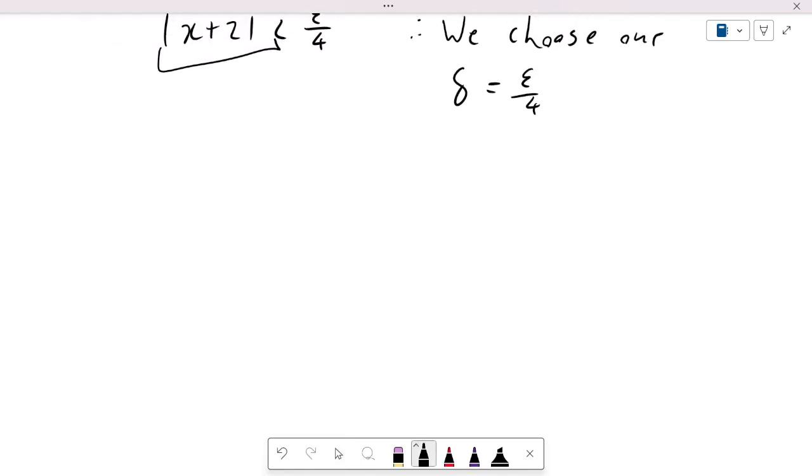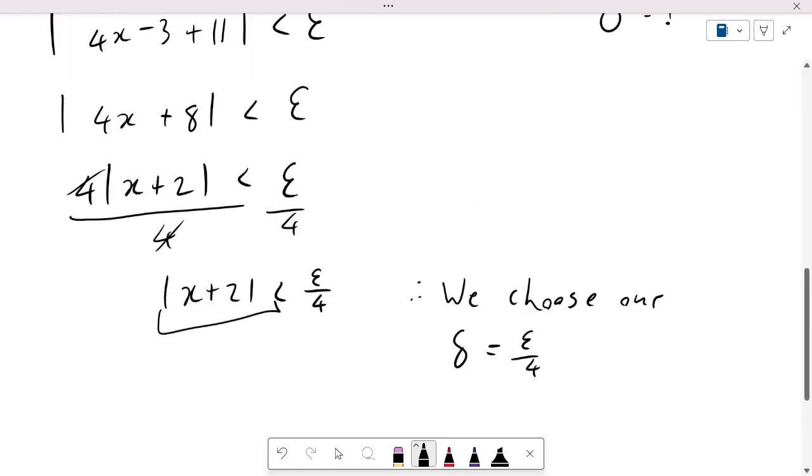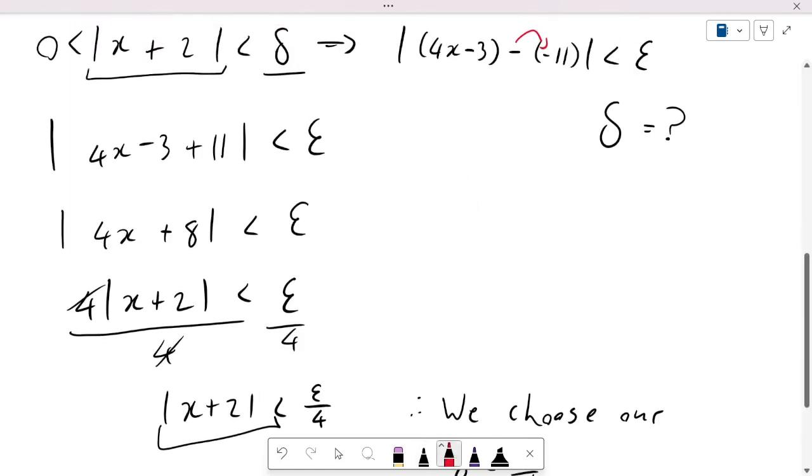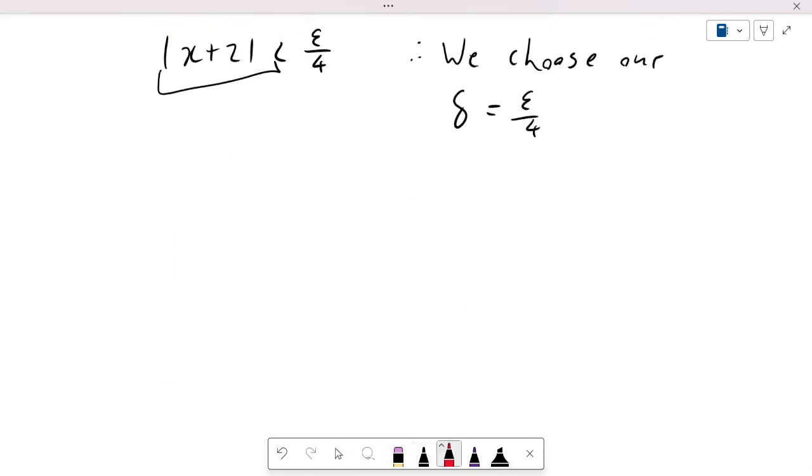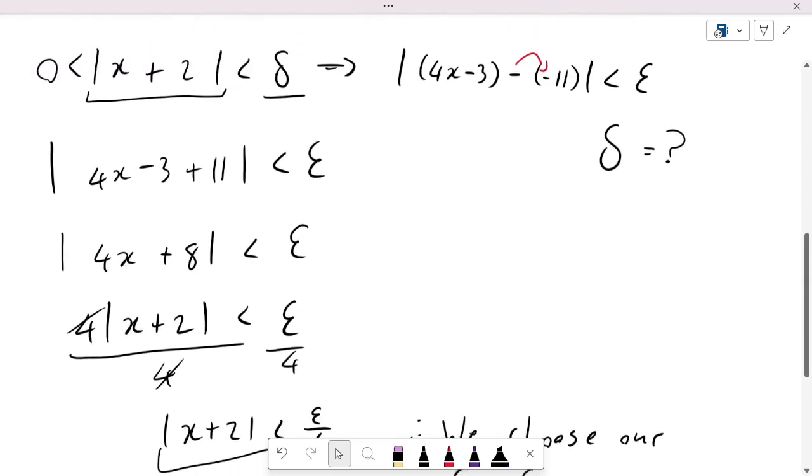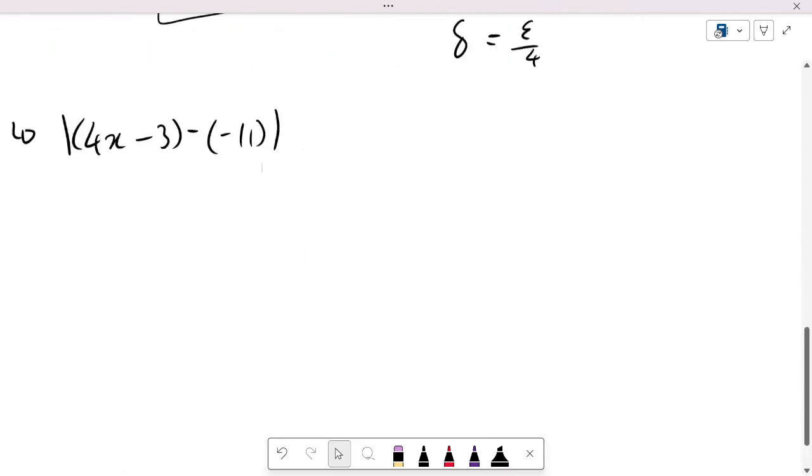Now, from this information, we're going to go back to whatever we had over here. This thing. But we're only going to look at this absolute value. And this is how we're going to write it down. So we start here. It's going to be the absolute value of 4x minus 3 minus 11. And now we're going to have to simplify.